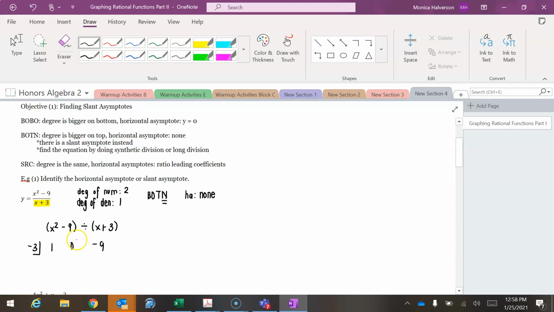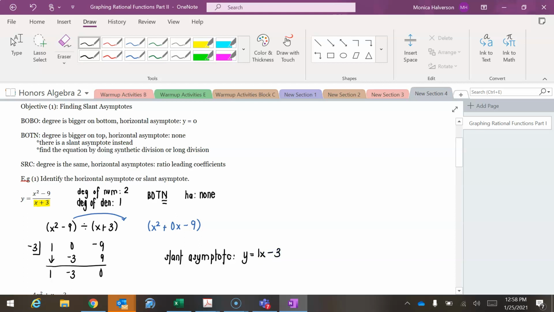Remember, this 0 came from the fact that the equation is missing the term to the first degree, so we introduce it with 0x. We drop the 1. Negative 3 times 1 is negative 3. We add 0 and negative 3 and get negative 3. Negative 3 times negative 3 is 9, and we get a remainder of 0. So our slant asymptote is the quotient, which is 1x minus 3.